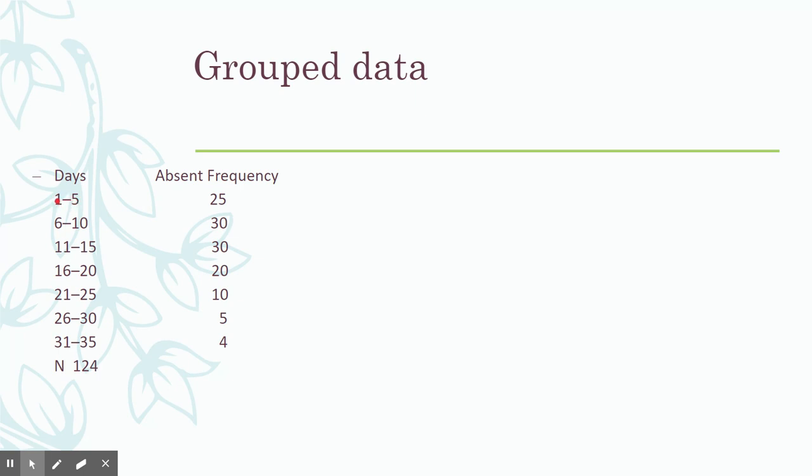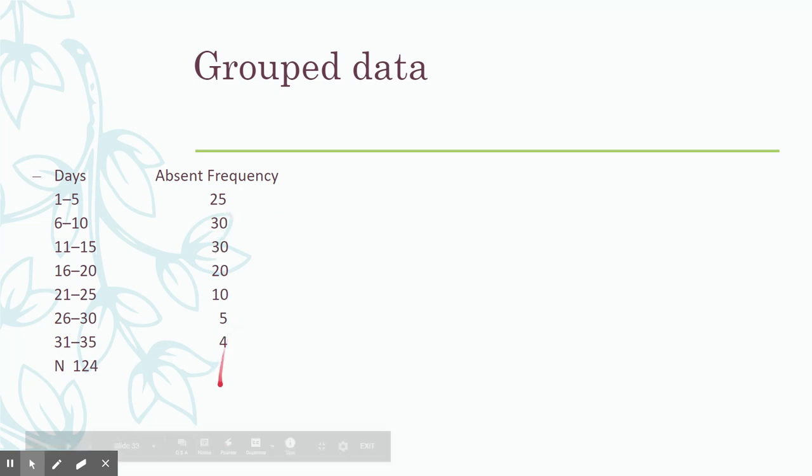So this class goes from 1 to 5. We take the midpoint, which is the average value for 1 to 5. So that would require us adding these two values, dividing by 2 to get the average. Once we get the average of this, we then multiply it by 25 to see, if we had these 25 values, this is approximately what they would add up to.